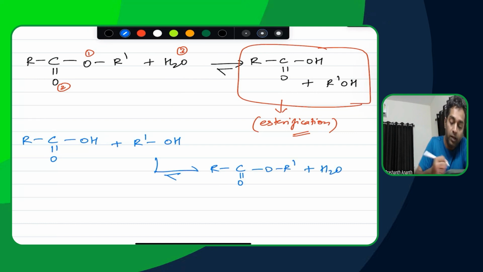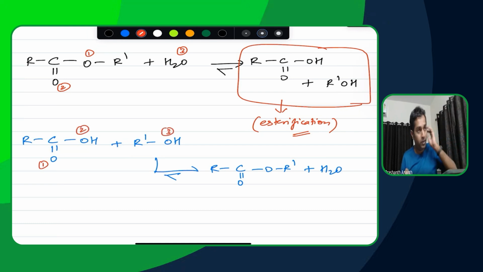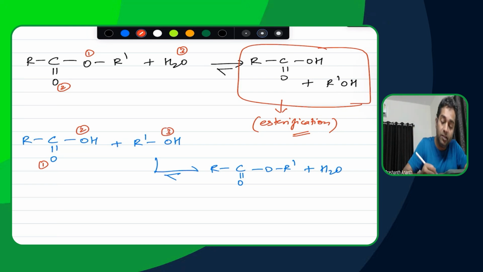Now let us mark each of these. Let's call this oxygen number 1, this oxygen 2, and this oxygen 3. Depending on the R group and the R dash, you will have different possible mechanisms applicable in the esterification itself.